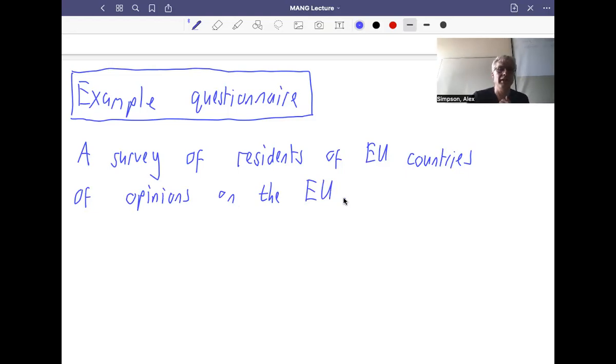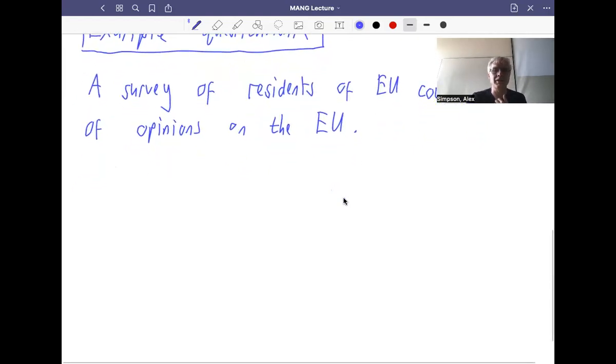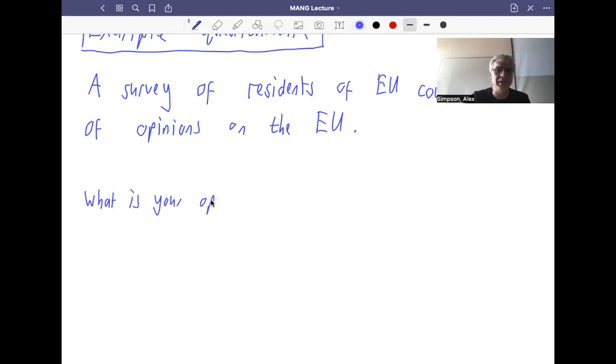So the idea is that we're going to ask people what they think about the EU. And here is the example survey. Now we're going to have the questions. So the main question is going to be, what is your opinion on the EU? Now, of course, that's a subtle question. People may not have a clear-cut answer to this.